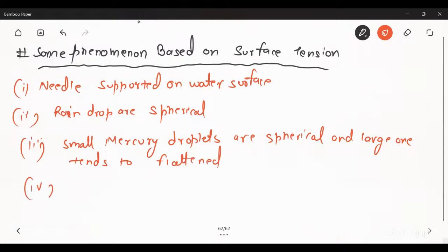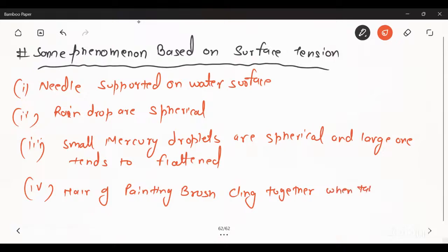Fourth point, hair of a painting brush clings together when taken out of water.